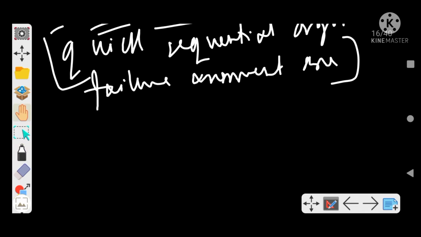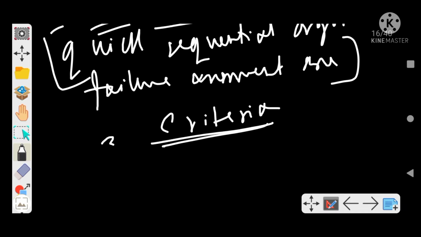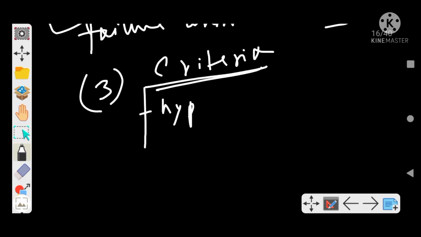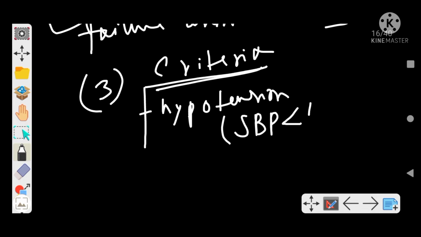Now the very important thing is the criteria of qSOFA. There are mainly three criteria, right? One is hypotension. Hypotension is when your systolic blood pressure is less than 100 mm mercury.